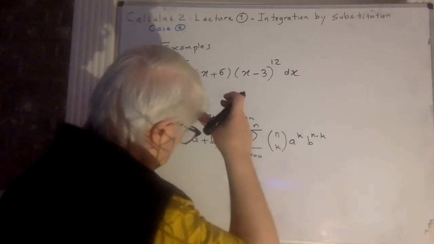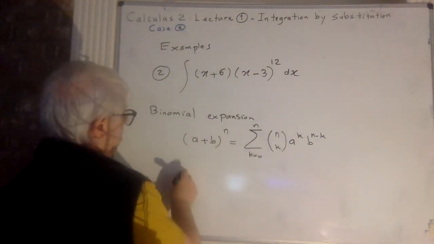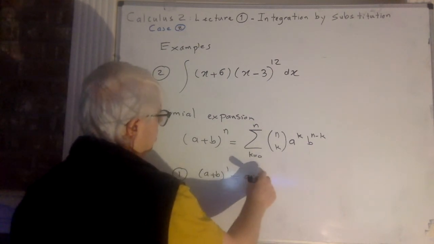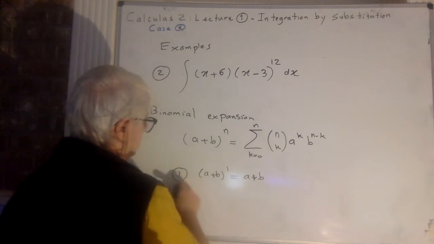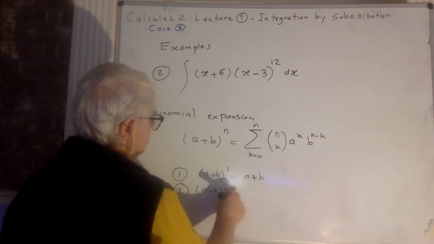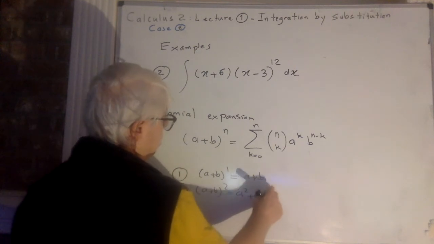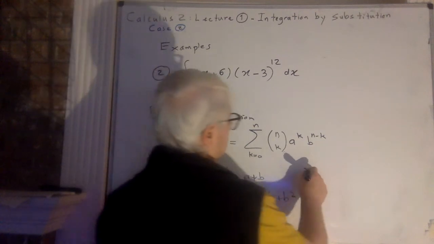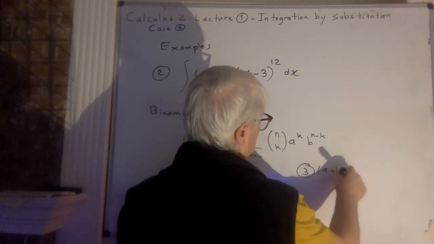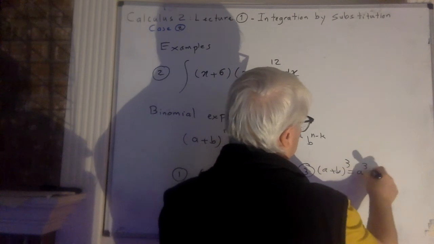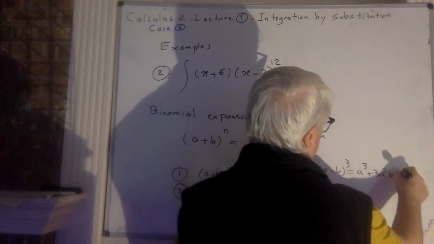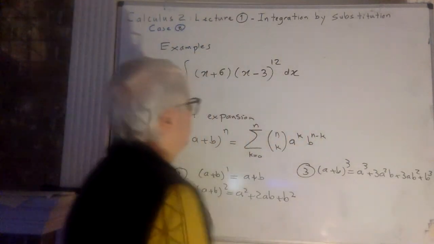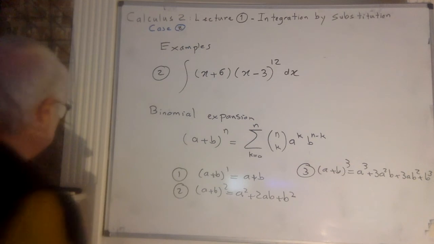Okay, so let's write some of them. (a plus b) to the power 1 is a plus b. (a plus b) to the power 2 is a squared plus 2ab plus b squared. (a plus b) to the power 3 will be a cubed plus 3a squared b plus 3ab squared plus b cubed, and so on.